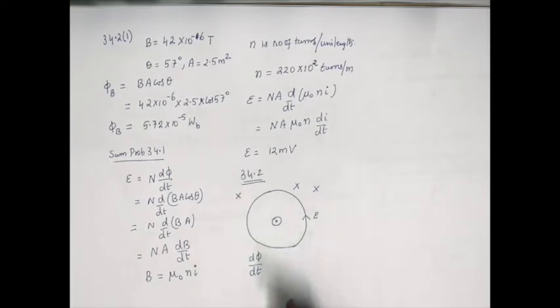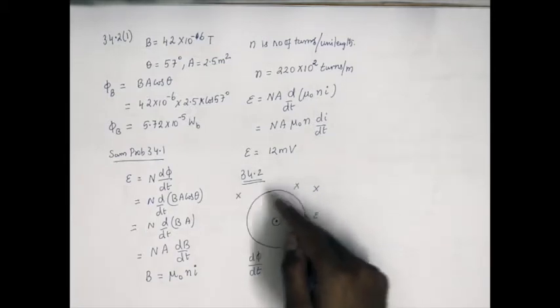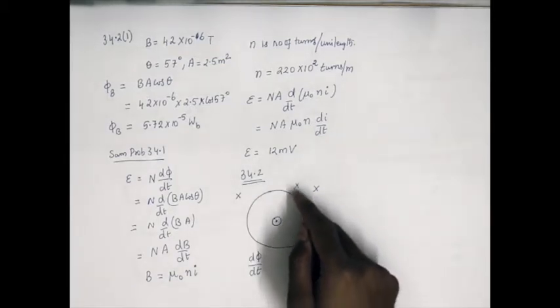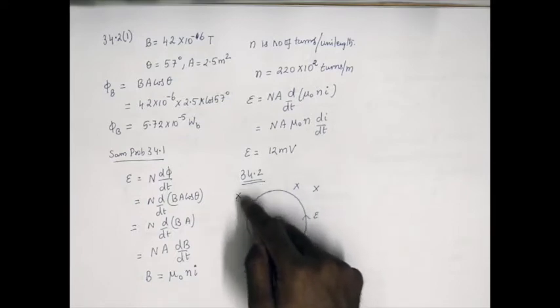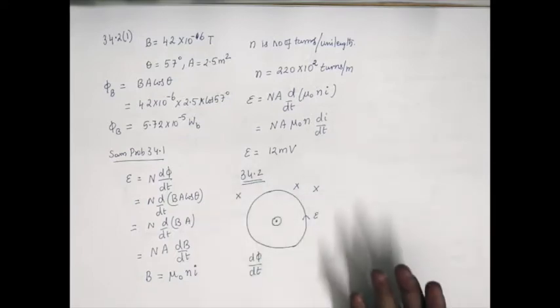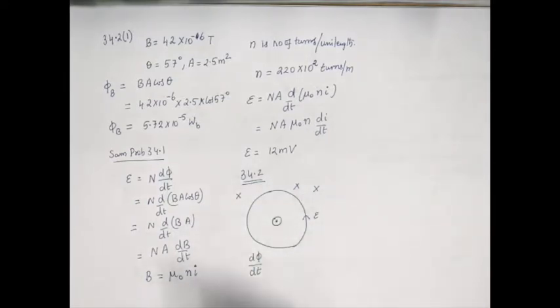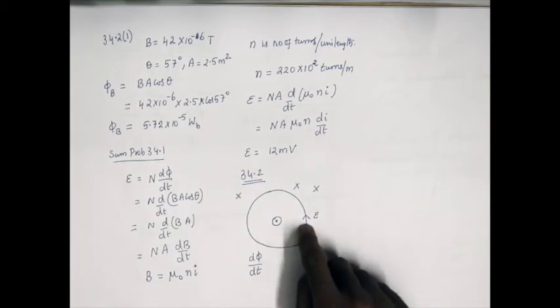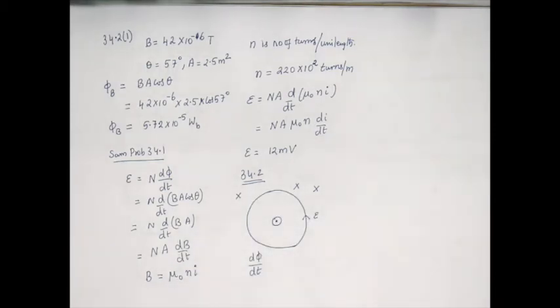As a first step, you are going to assume the direction of the induced EMF. So looking at sample problem 34.2, you could assume the induced EMF to be anti-clockwise or clockwise. This can be arbitrary. Once you have fixed your direction of EMF, like I have done here, I am choosing it to be anti-clockwise.